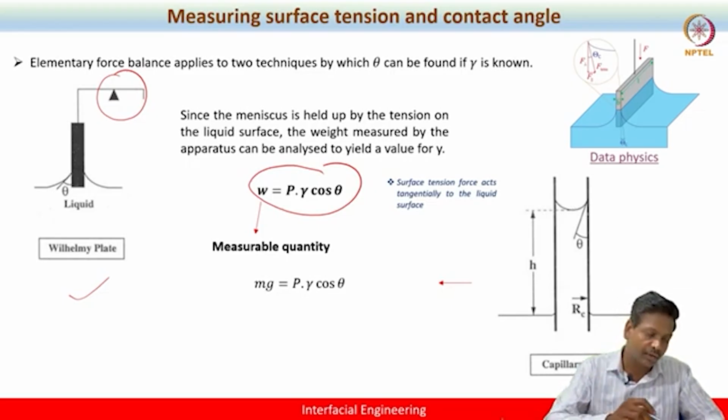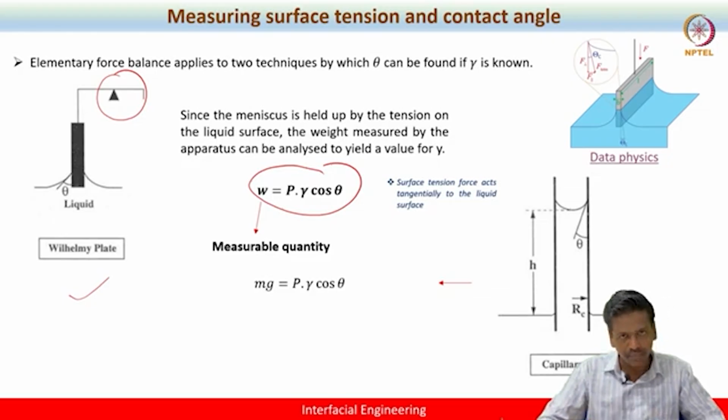Then when you introduce the plate and it exactly touches the liquid surface, you will see that there will be a meniscus. That's because the liquid shares greater affinity with the solid. So there will be capillary rise, because of which the water will try to climb up the surface.